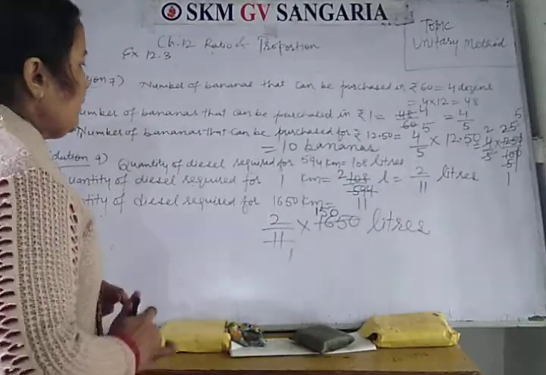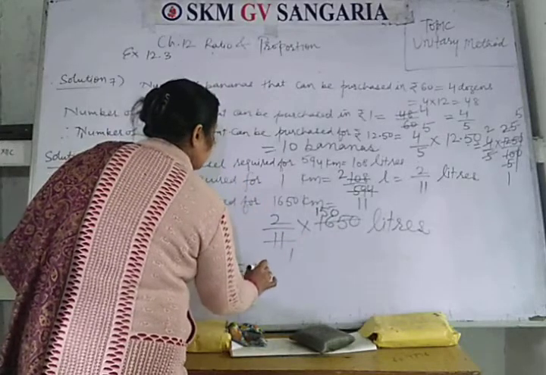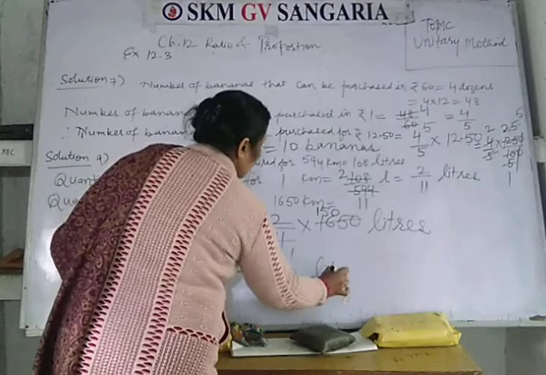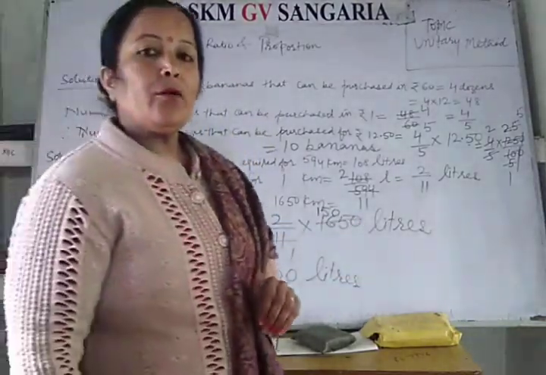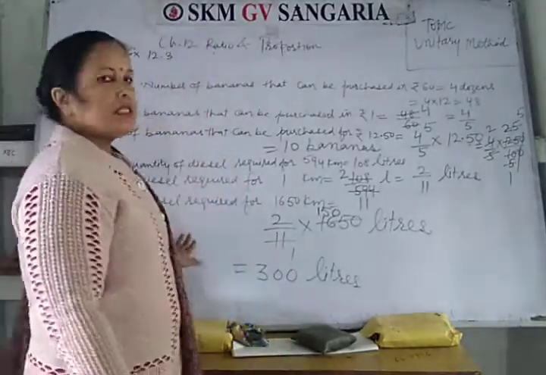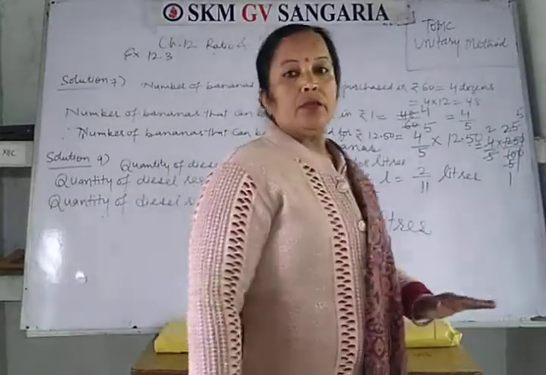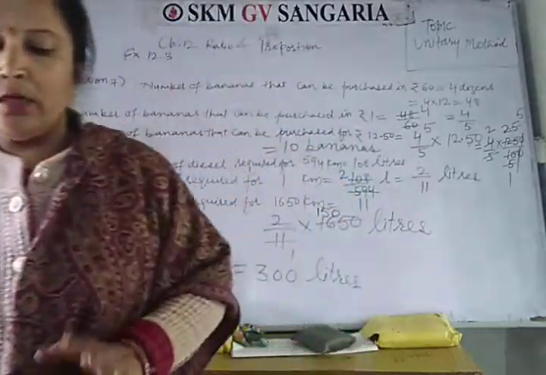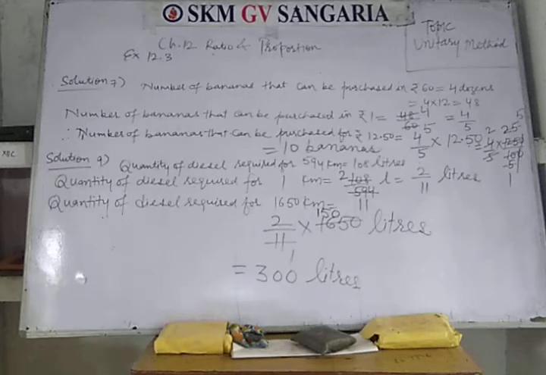So how many liters? 300 liters of diesel is required to cover how much distance? 1650 kilometers. To cover this distance, how much quantity of diesel is required? 300 liters.